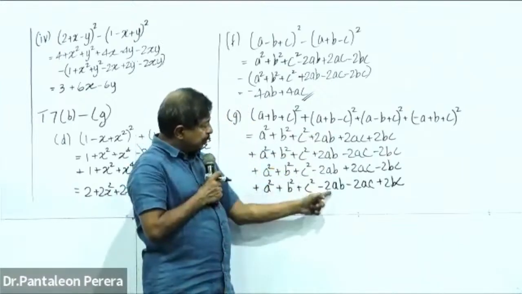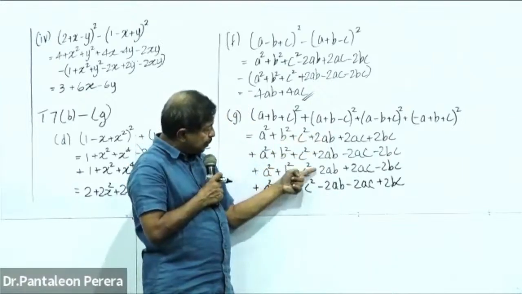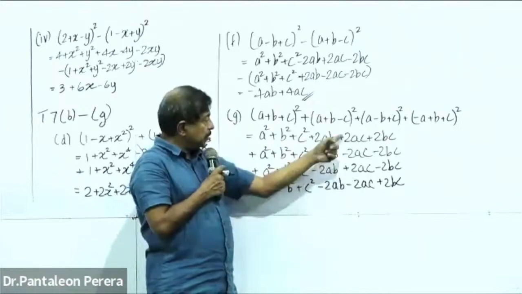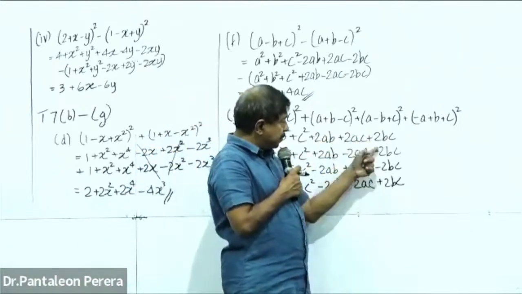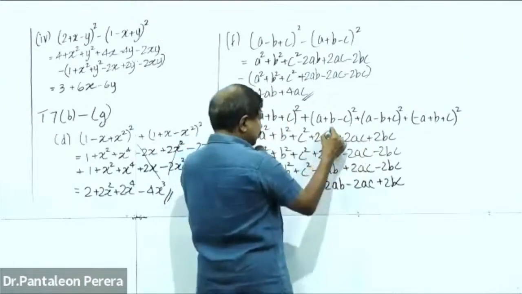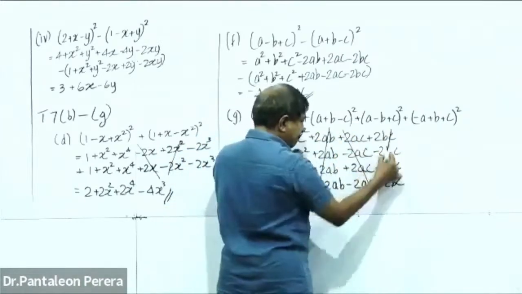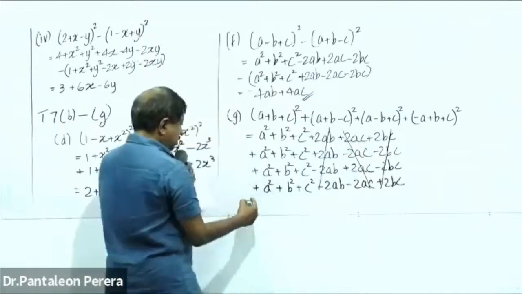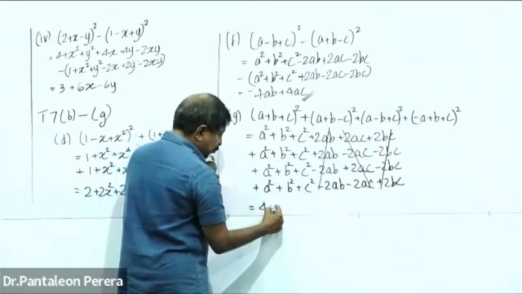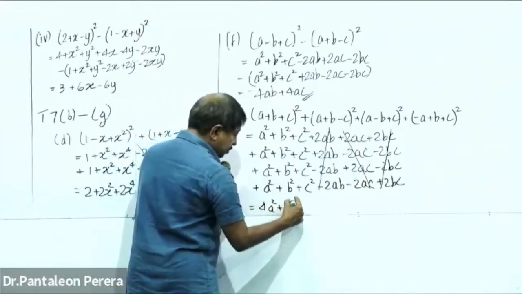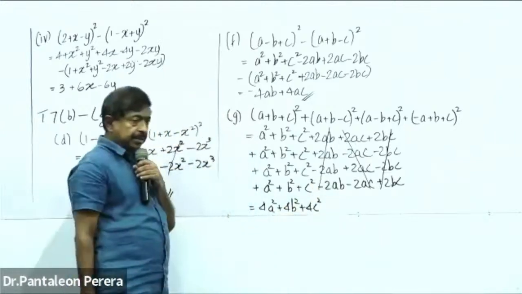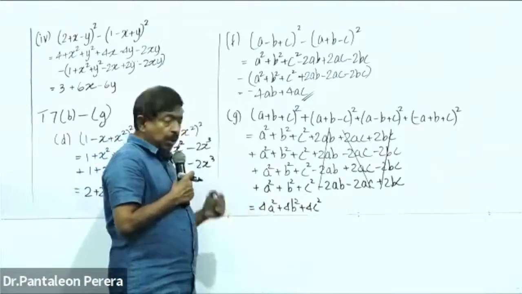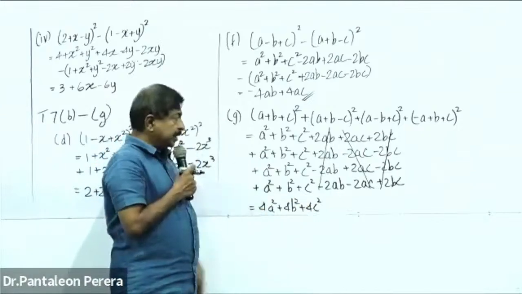Even though there are four terms like this, two of them are positive and the other two are negative. Here, two of them are positive and the other two are negative. These two are positive, these two are negative. So these go away. It leaves us with 4a squared plus 4b squared plus 4c squared. If you want, you can pull 4 out, or you can leave it like that.